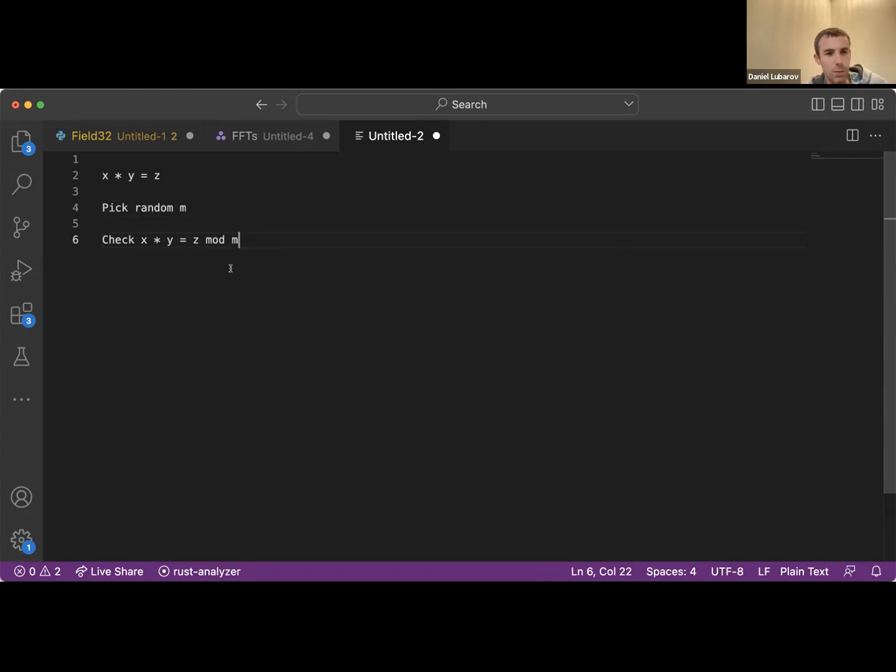And then maybe repeat this a few times, and then we get a probabilistic result that if this identity did not hold, then we probably would have detected it under one of these moduli. There's a variant of this that doesn't rely on randomness really, where we pick several moduli and check this identity under each modulus.